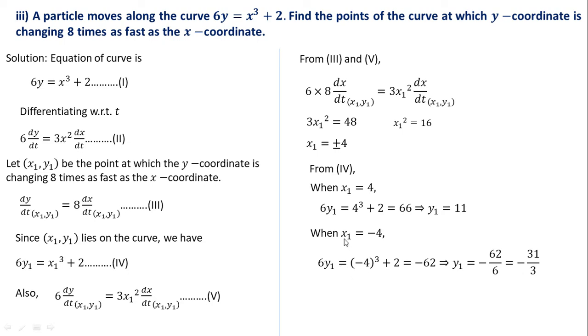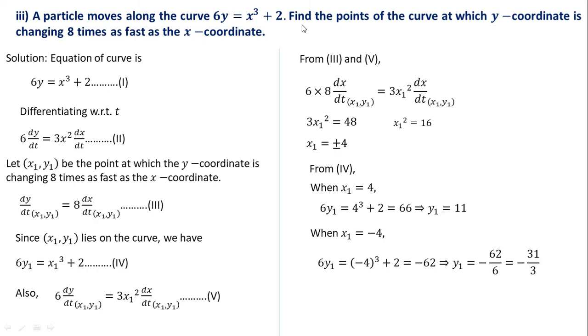That means x1 is equal to minus 4, then y1 is equal to minus 31 upon 3. So we get 2 points. One is 4, 11 and another one is minus 4, minus 31 upon 3, where the y coordinate is changing 8 times as fast as the x coordinate.